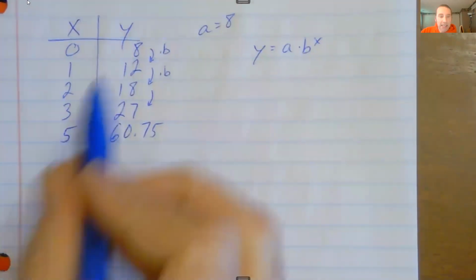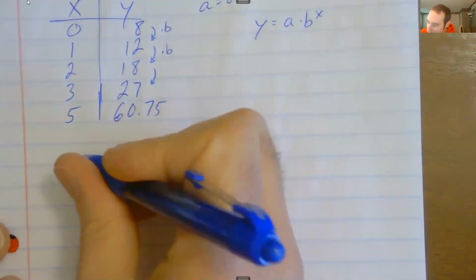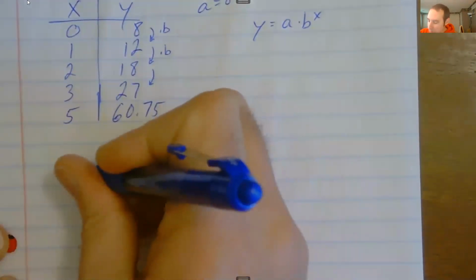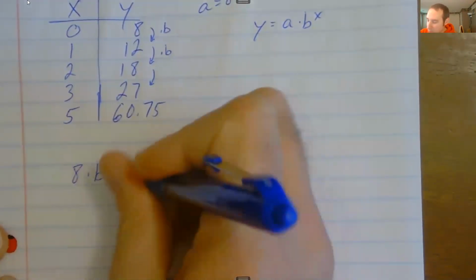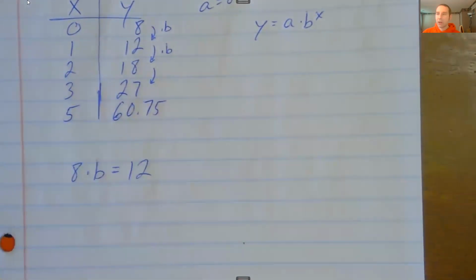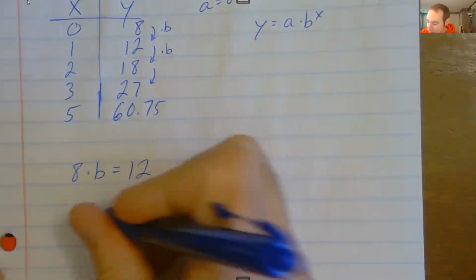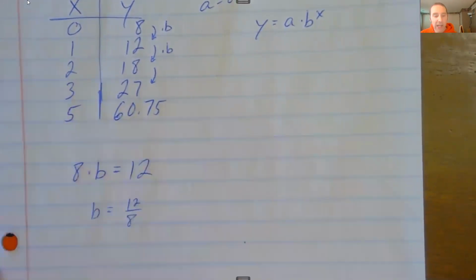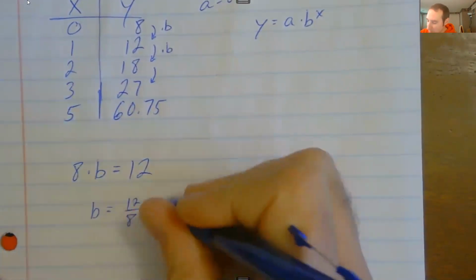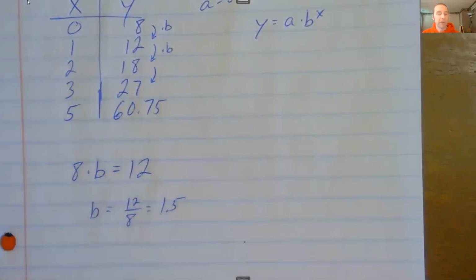So if I take 8 and multiply by b to get 12, how do I figure out what b is? I've got a very simple equation here. We're just going to divide by 8. So b is going to be 12 divided by 8, which ends up being just 1.5.